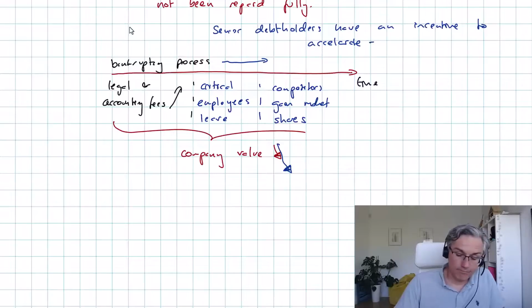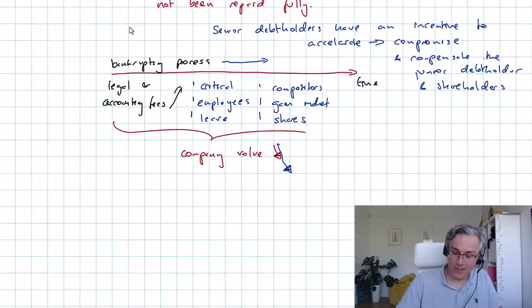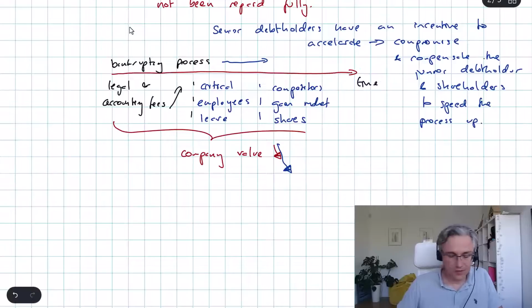And that means compromise and compensate the junior debt holders, as well as sometimes the shareholders as well, just to speed things up, to speed the process up, to prevent the drain of value or the deterioration of value.